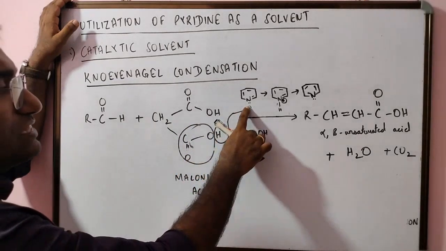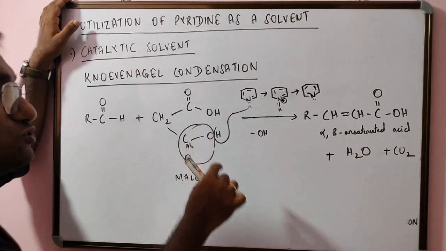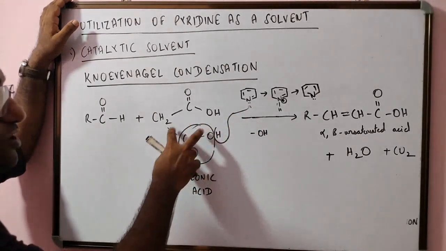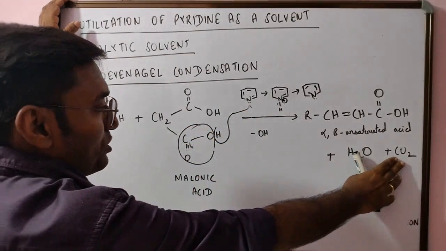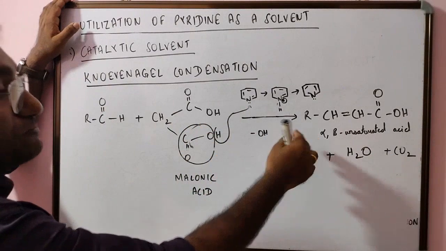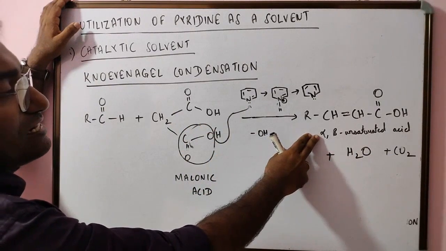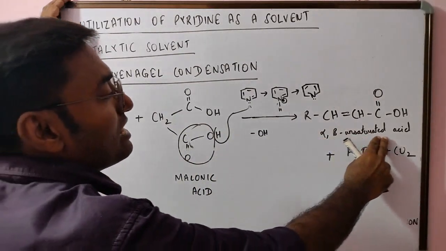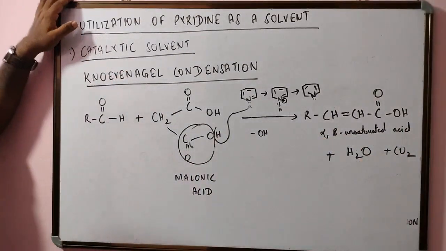While it forms a bond with the hydrogen atom, it also speeds up the release of the carbon dioxide molecule, thus initiating the speedy formation of the product, which is alpha beta unsaturated acid.